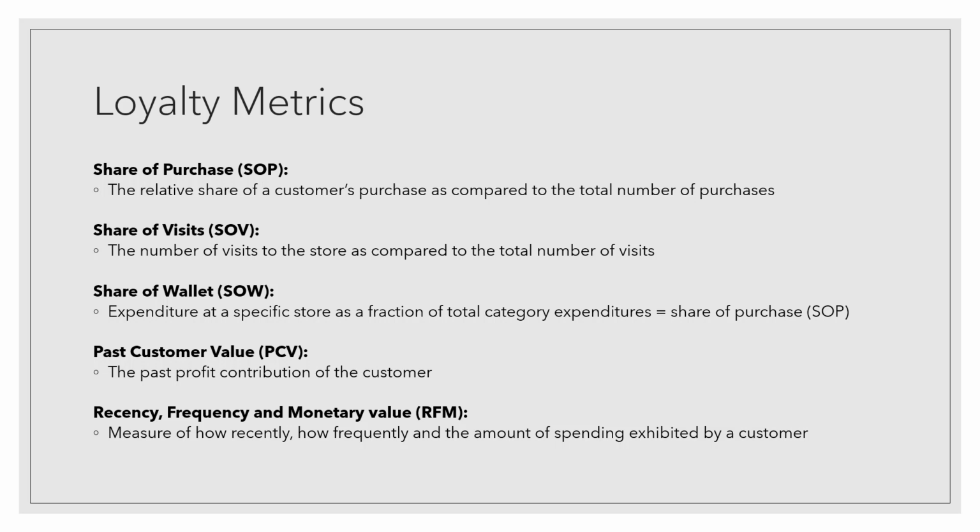It is about the number of visits to the store as compared to the total number of visits. And share of wallet, SOW. It is about expenditure at a specific store as a fraction of total category expenditure.